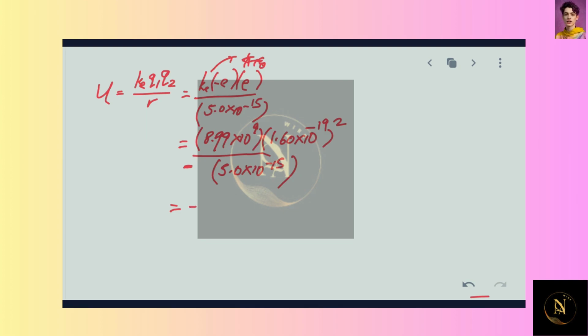This will give us about negative 4.6 times 10 power minus 14 joules. And if you want to convert this into MeV, again we divide by 1.6 times 10 power minus 13 joules per MeV, and we will get negative 0.29 MeV.